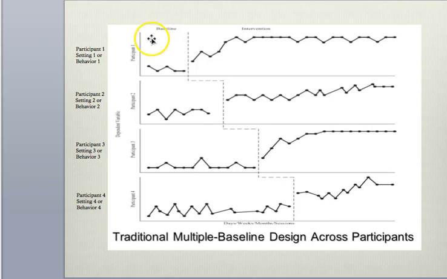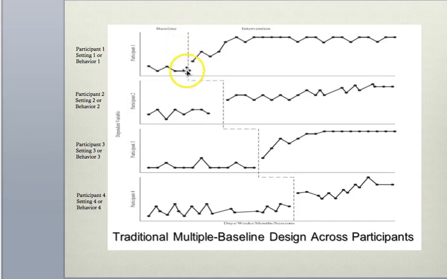But you'll notice that we keep track of each of these, in this case individuals, from the very beginning at the same time, at day 1 or session 1, and we gather baseline data on all of these individuals continuously. And we then intervene.